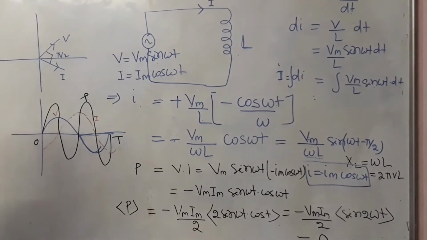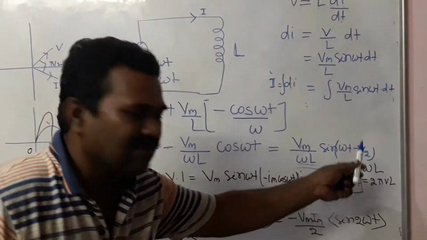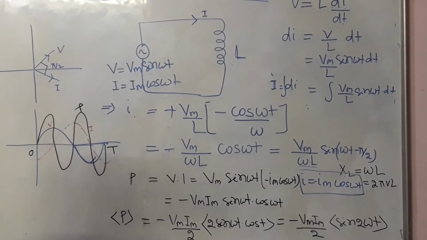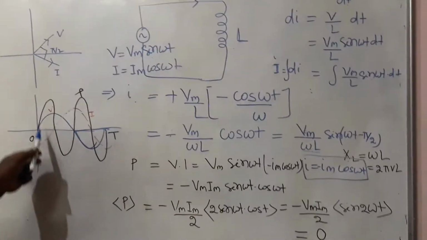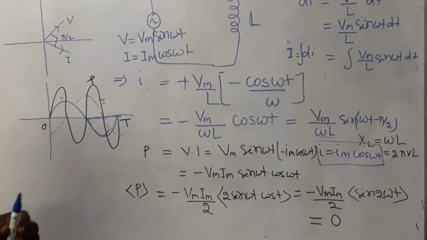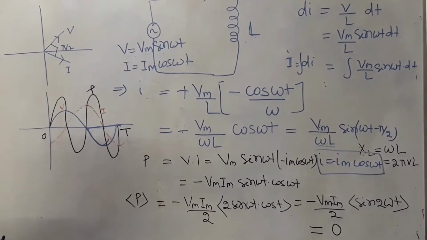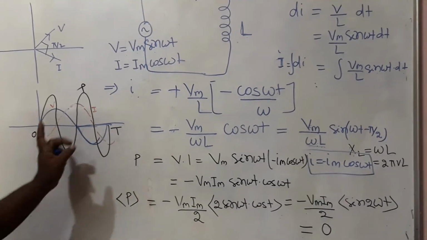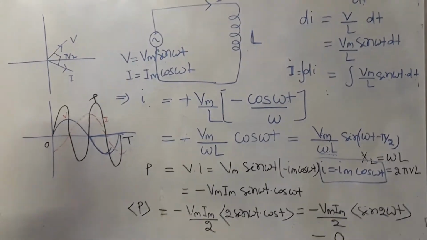So what is the phase angle difference? The phase angle difference between them is pi by 2. So we can say the voltage leads the current by pi by 2, or the current lags behind the voltage by pi by 2.